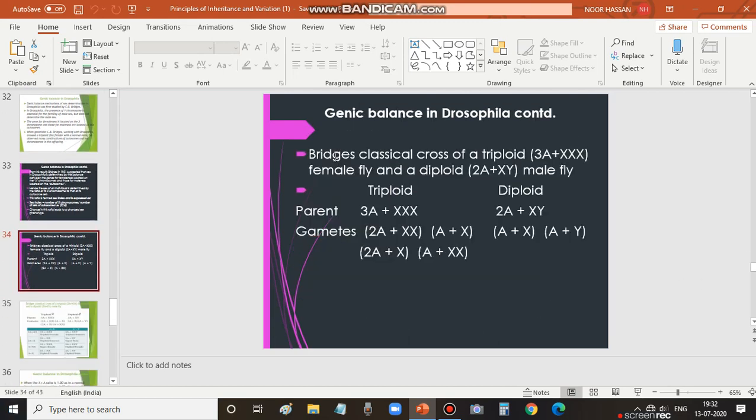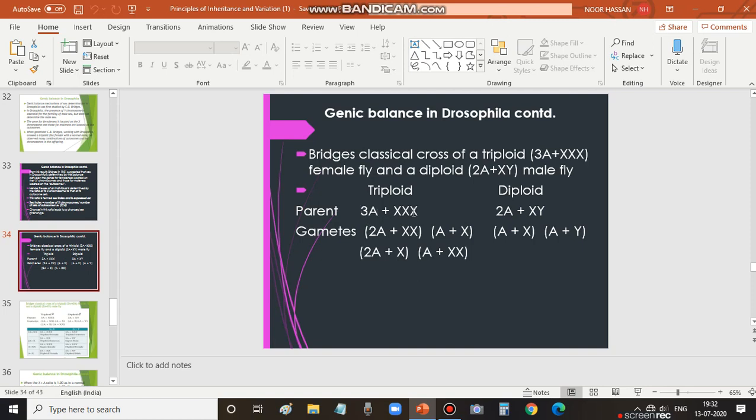Bridges' classical cross was of a triploid female fly and a diploid male fly. He crossed a triploid female fly, with 3 autosomes plus 3 X chromosomes, and a diploid male with 2 autosomes and XY chromosomes. This is the parents' genotype, and these are the gametes.